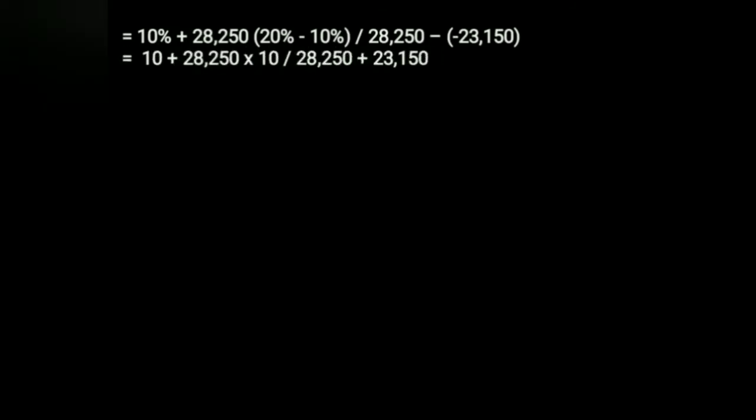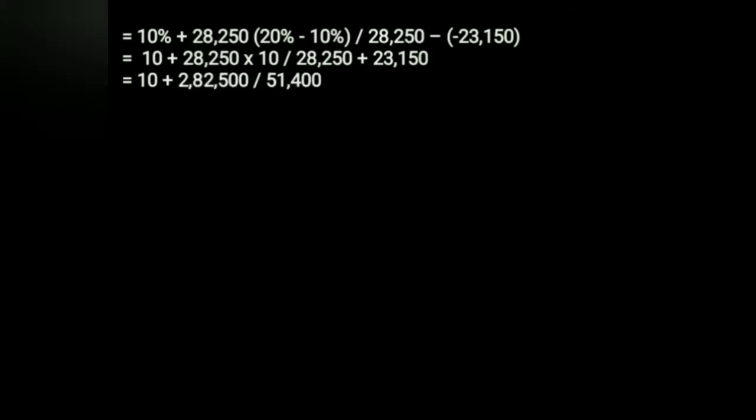Then we simplify: 10 plus 28,250 into 20 minus 10, divided by 28,250 plus 23,150. Simplifying, 28,250 into 10 gives 2,82,500, and adding 28,250 plus 23,150 gives 51,400.